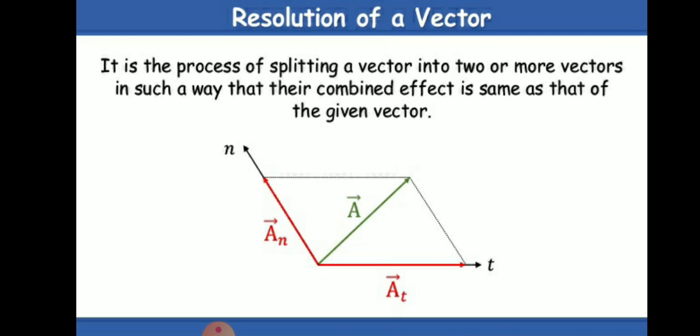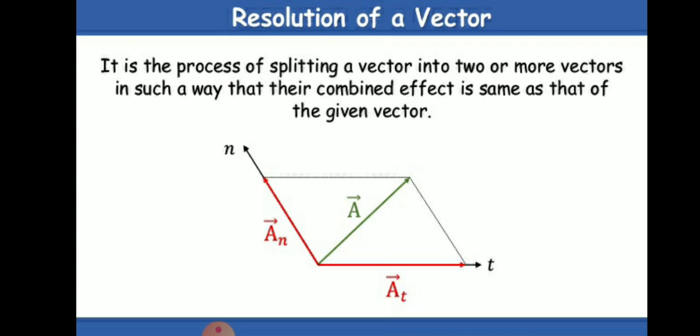The process of splitting a vector into its components is called resolution of vector. Any vector A can be expressed as a sum of two vectors. Those two vectors are called components. Components of a vector are the set of vectors whose resultant is the original vector.